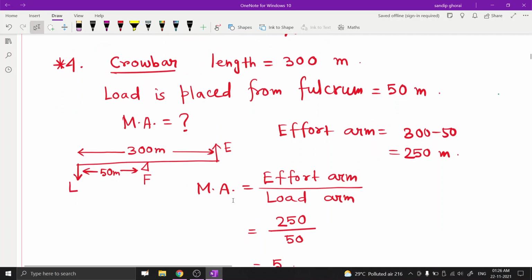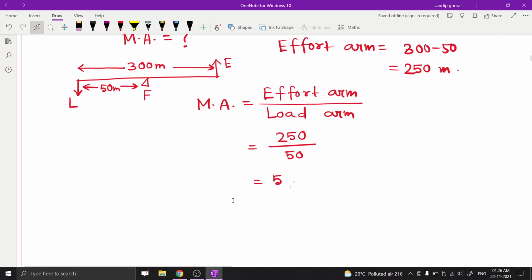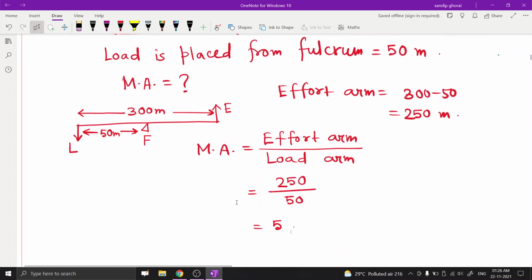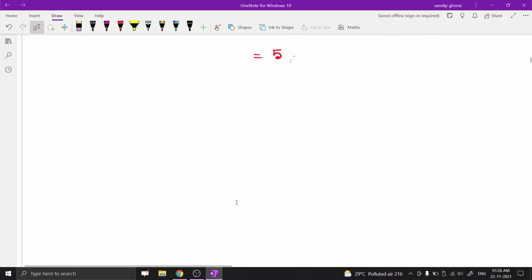Similarly, suppose we take a bottle opener. In the next problem, question number 5, bottle opener. Here we have to know which type of lever a bottle opener is.